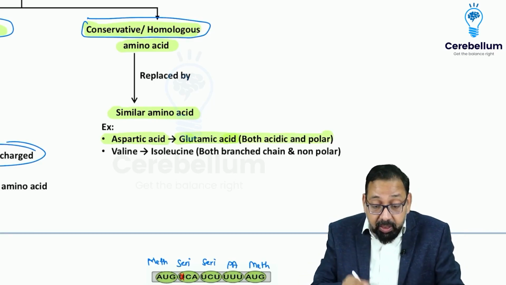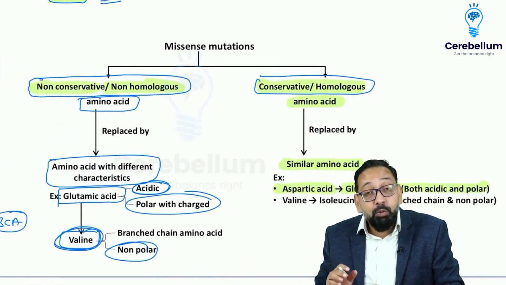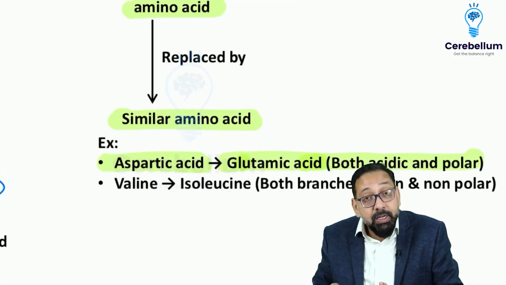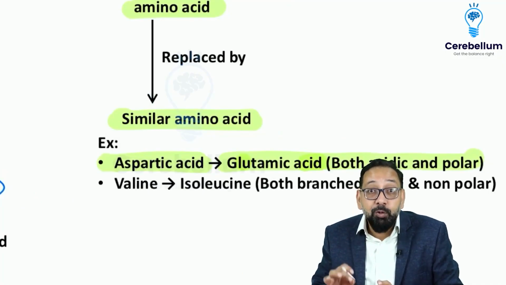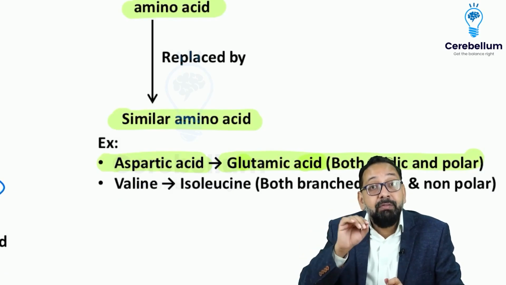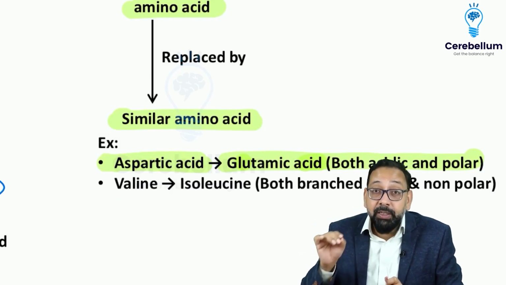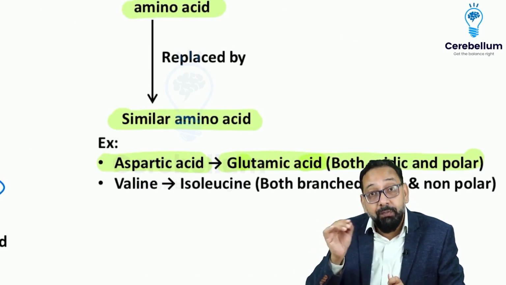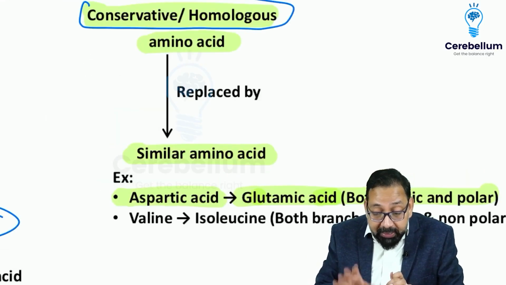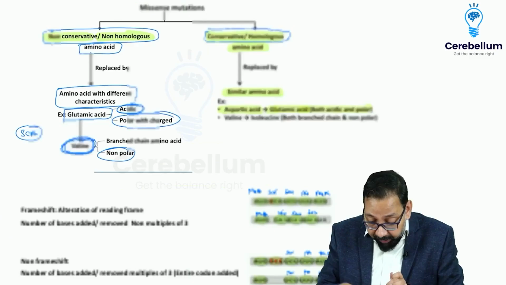That is conservative mutation. Sometimes a question is asked that there is a mutation in which aspartic acid is converted to glutamic acid, or by which amino acid change there would be the least effect on protein function. If it is a conservative mutation, then there would be less effect on the function of the protein.